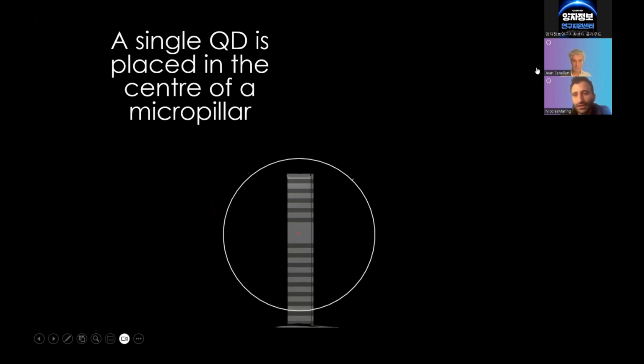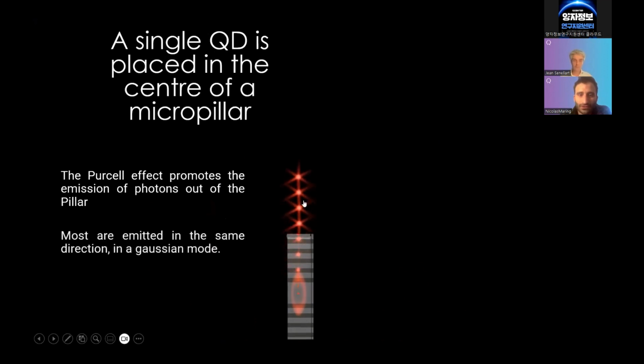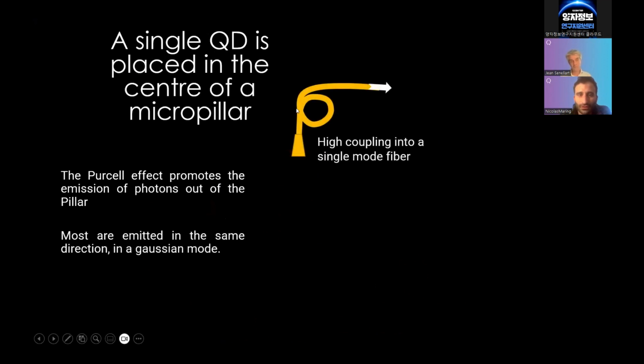And the nice thing with these cavities is that their mode looks very similar to an optical fiber. So it's really easy to couple this photon into an actual fiber, represented here in yellow.